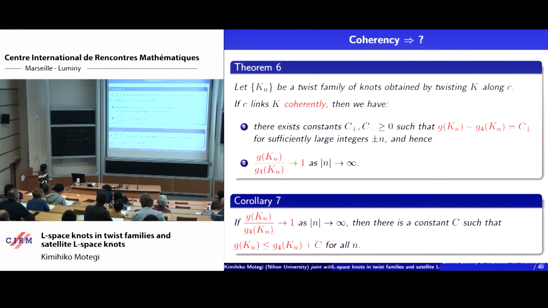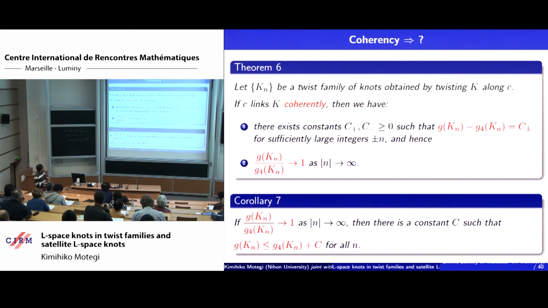Because this assumption implies the twist family Kn is coherent or the winding number is 0. And if the winding number is 0, then, as I mentioned, both the Seifert genus and the slice genus are bounded from above. So we can find such a constant C, obviously.